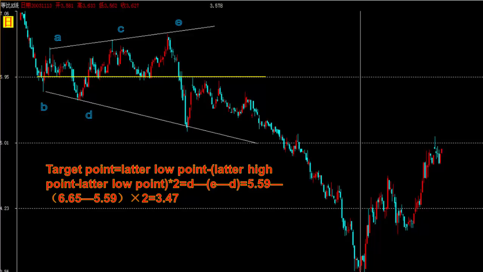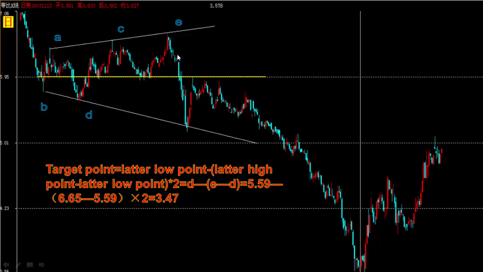Okay, if you see the price touch the up tunnel, this is the sell point. If you see the price fall below the middle tunnel, this is the next sell point. Then what's the latest sell point? If you see the price below the downward tunnel, this is the latest sell price.